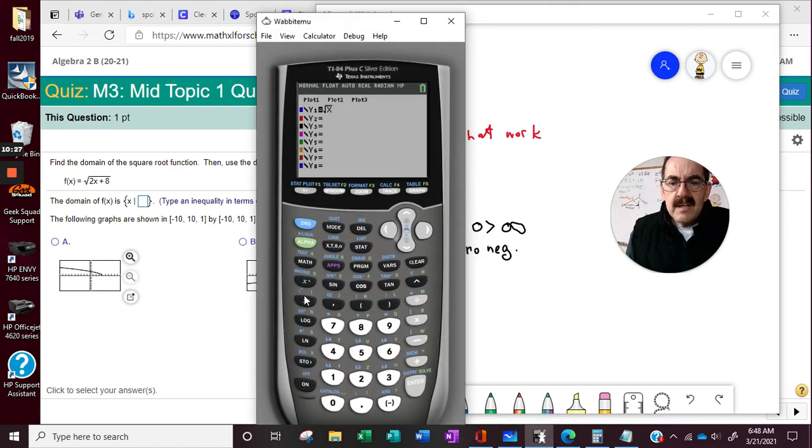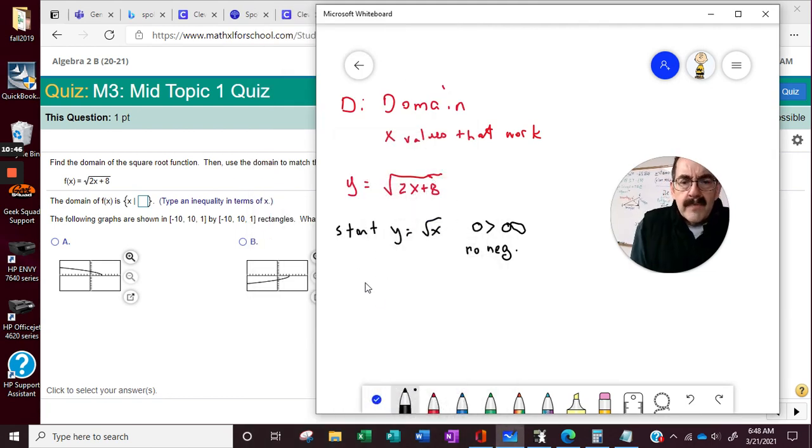So second square root, 2x plus 8, graph. Bingo. Nothing, nothing, nothing. It starts working right there, at negative 4. How did I get negative 4?